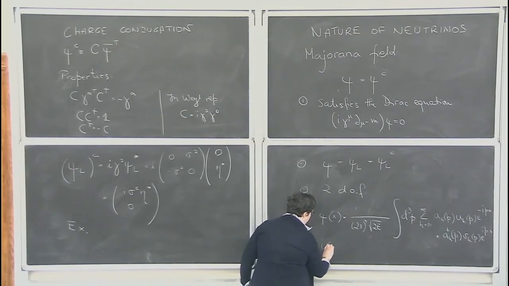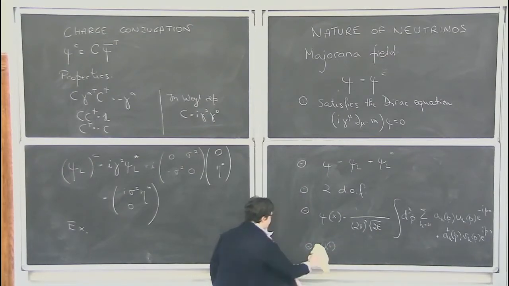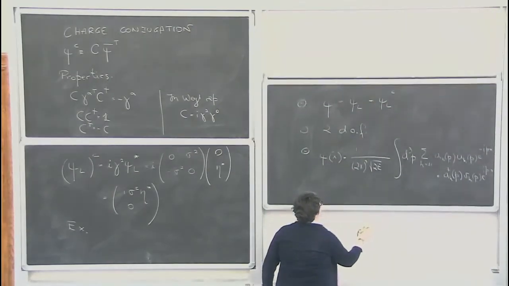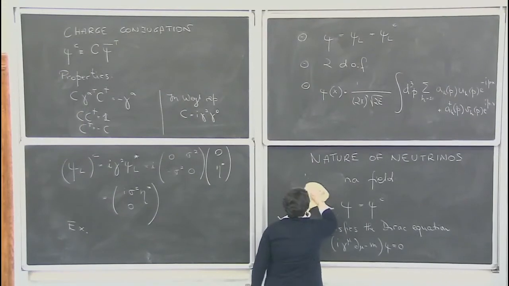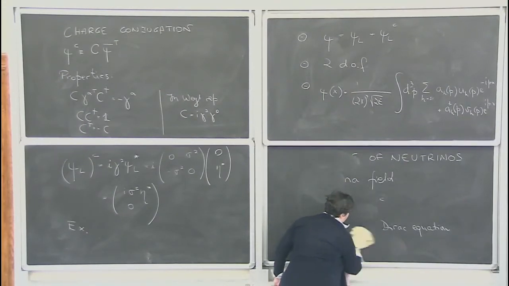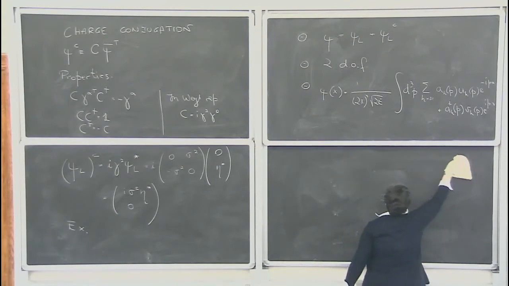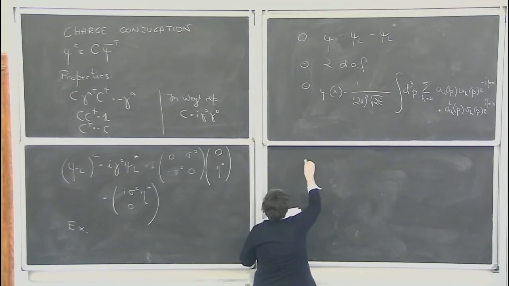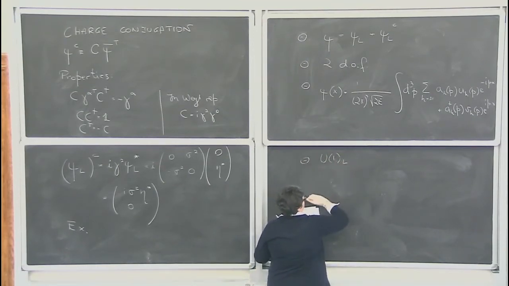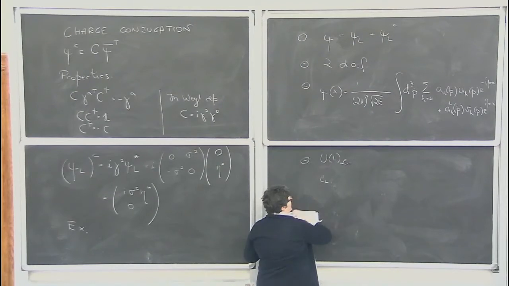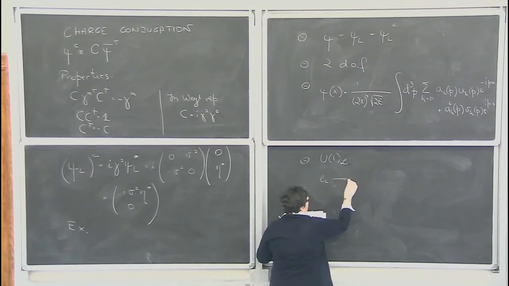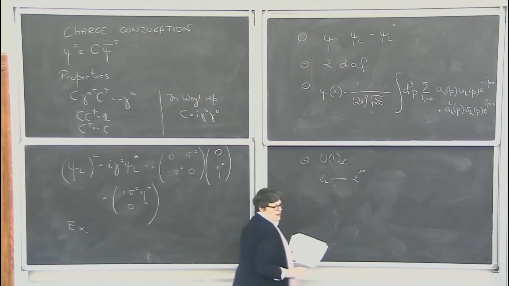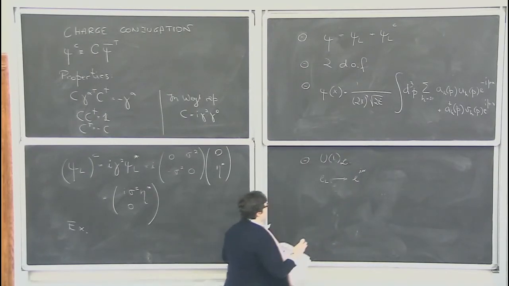So if I do a U(1) lepton number transformation, maybe I need a bit more board. You are aware of what a U(1) lepton number transformation is. So I take a field, for example, the electron field, and I rephase it by a quantity alpha, e^{iα} e_L.